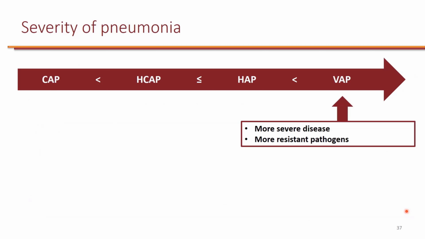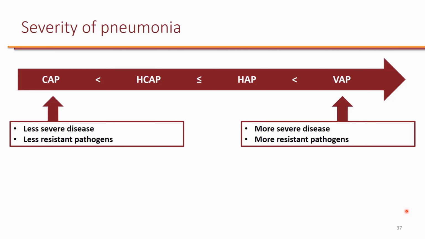Now at this point you should know that VAP is a more severe type of pneumonia and is associated with more resistant pathogens, and CAP or community acquired pneumonia is a less severe pneumonia and less resistant pathogens cause it. Now let's take a look at the common causes of community acquired pneumonia.